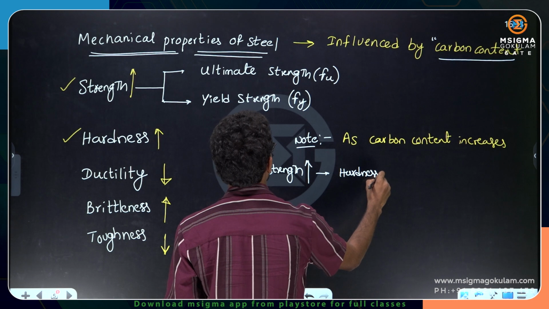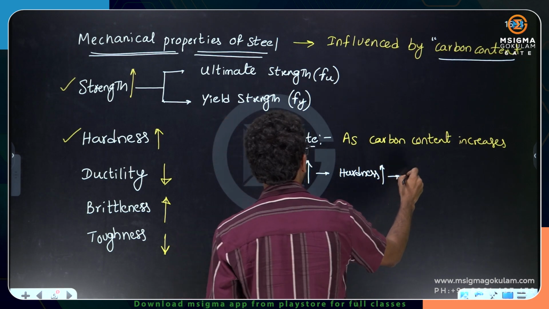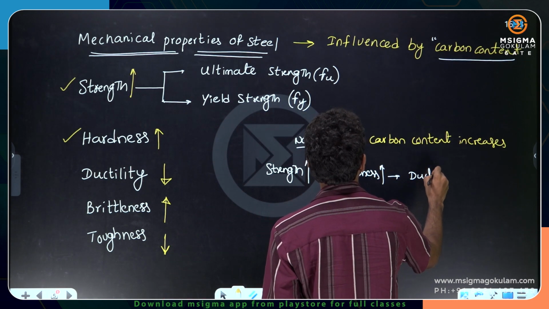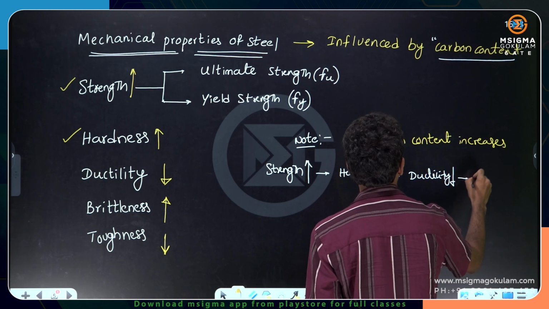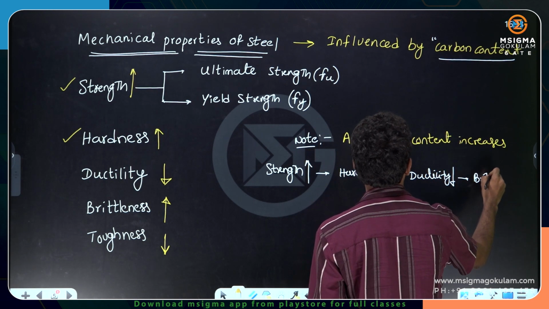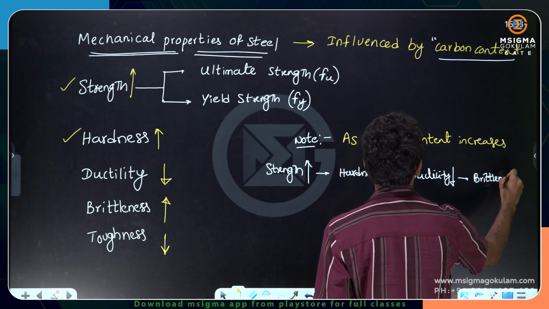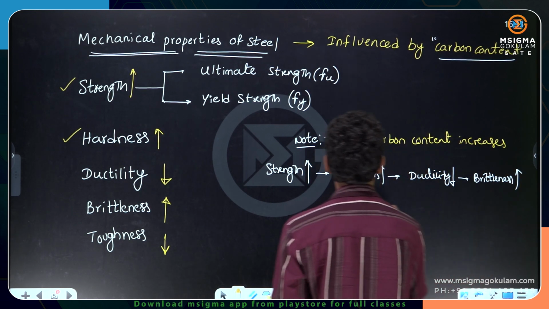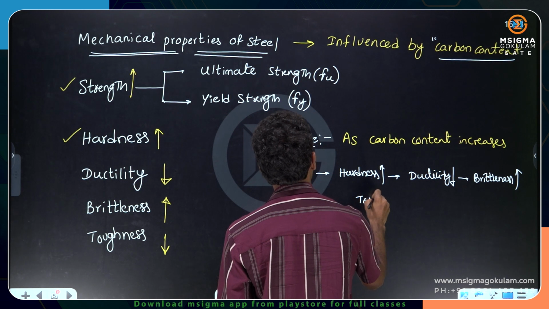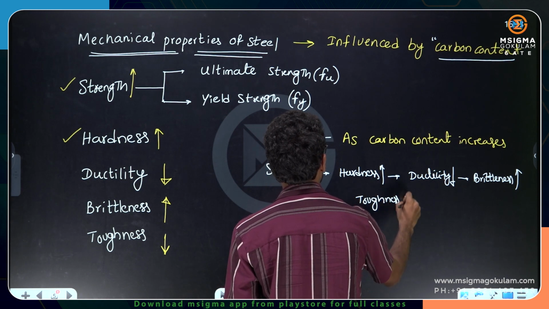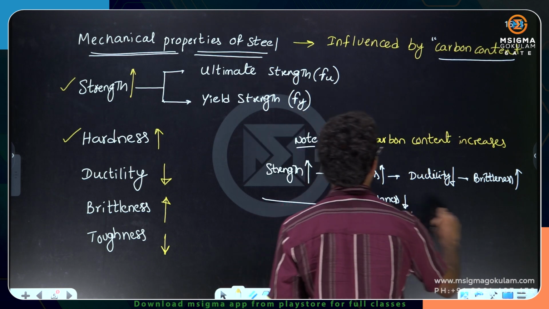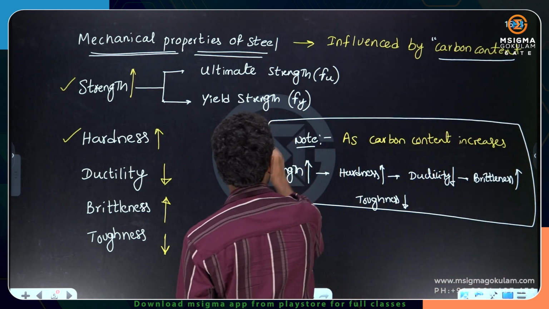Hardness also increases. What about ductility? Ductility reduces. What about brittleness? Brittleness increases. What about toughness? Toughness also reduces. So this is what exactly happens as the carbon content increases.